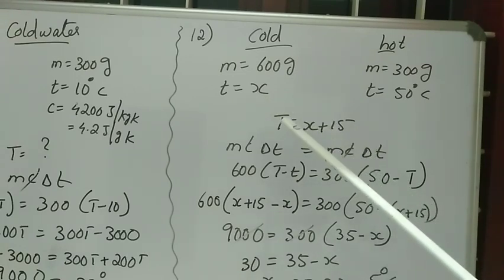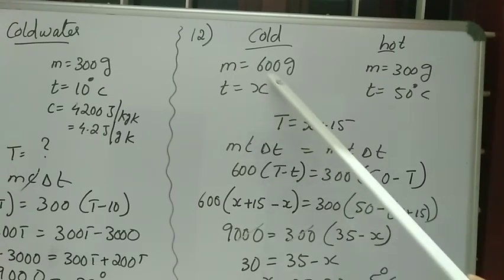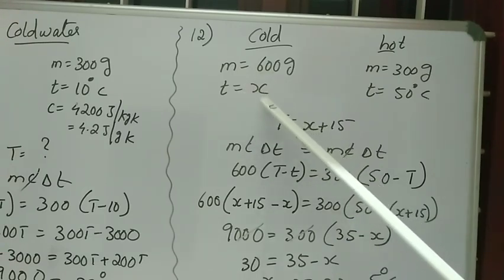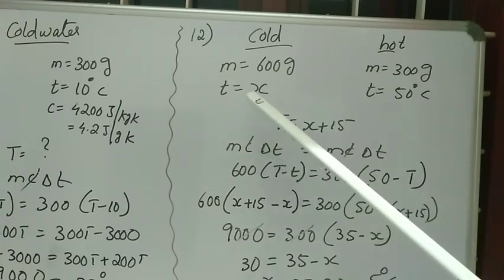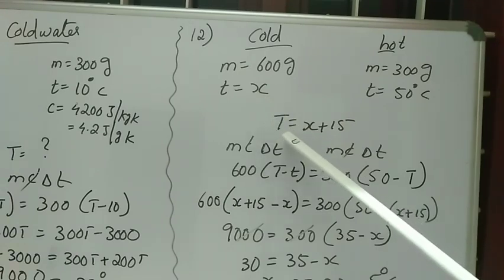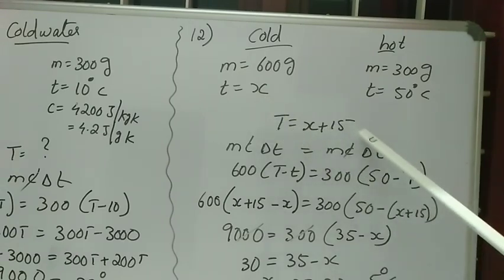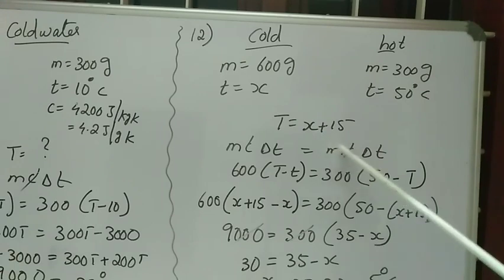That means final temperature is 15 degree raised by X. That is, from X the temperature increased 15 degree. So we have to take initial temperature as X and final temperature as X plus 15 because temperature raised by 15 degree.